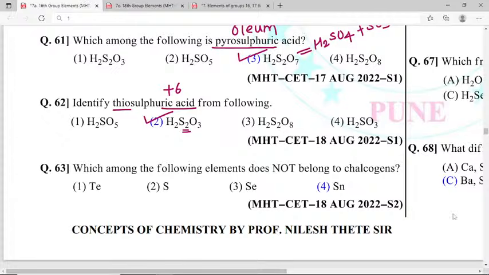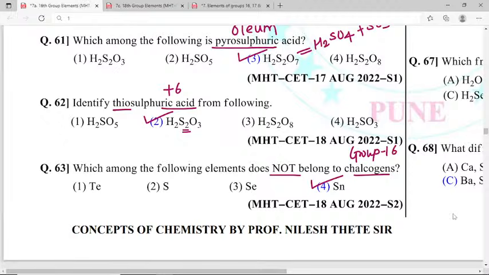Which among the following elements does not belong to chalcogens? Tin. Chalcogens is group 16, the oxygen family.